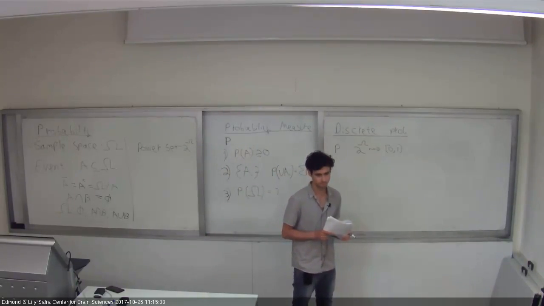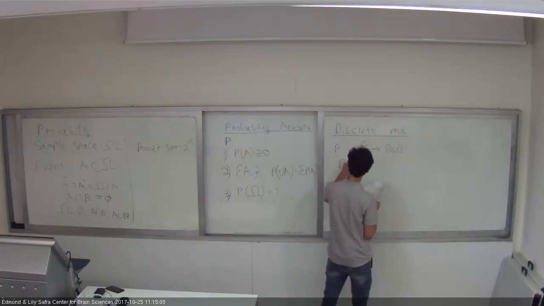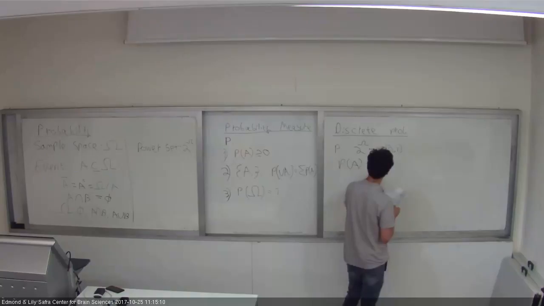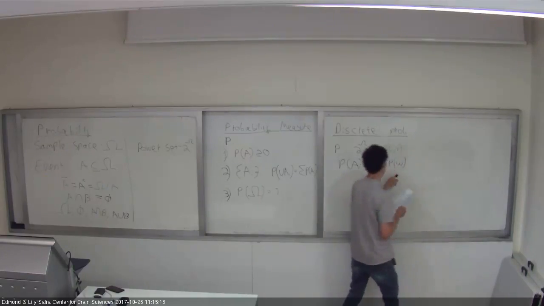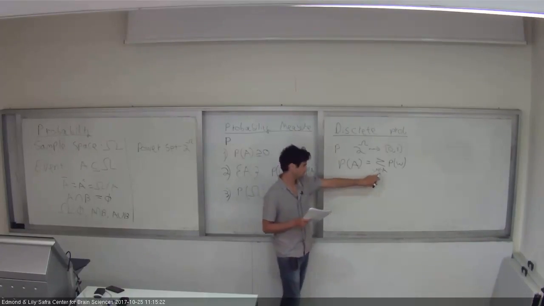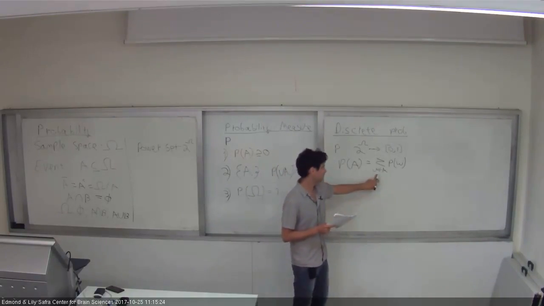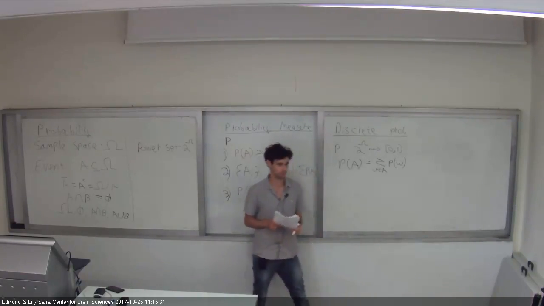So we can say that P of A is equal to the sum over all the elementary events w in A of P of w. We go over all the elementary events in A and just sum their probabilities.